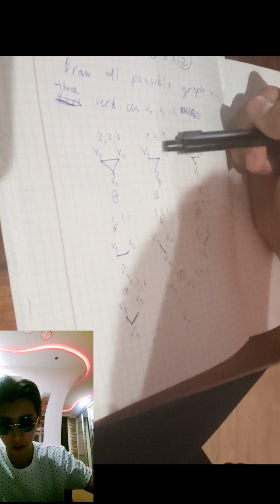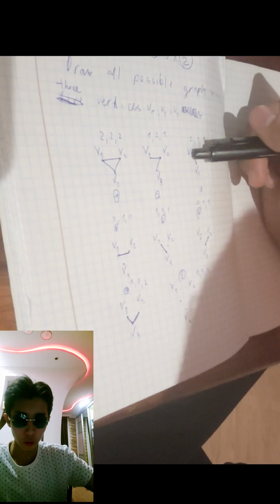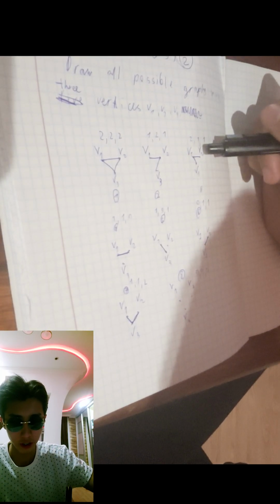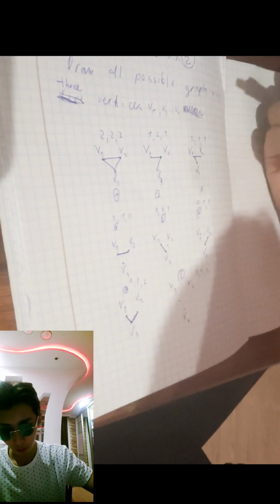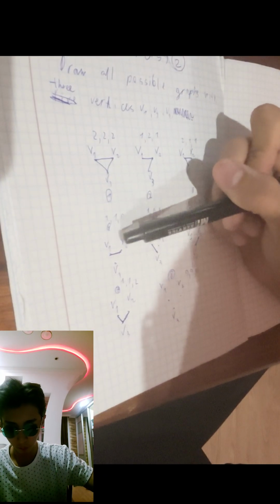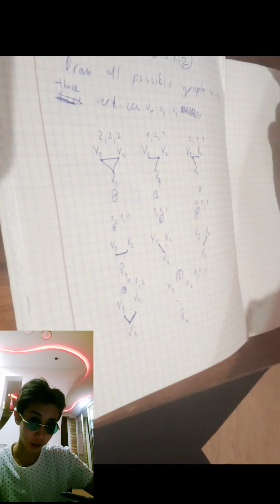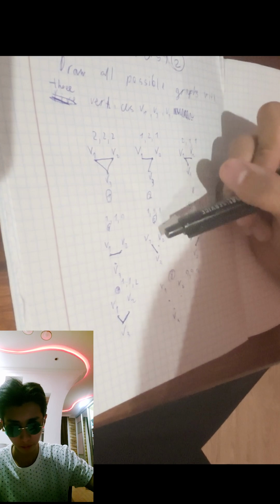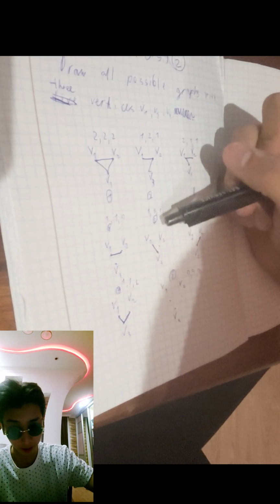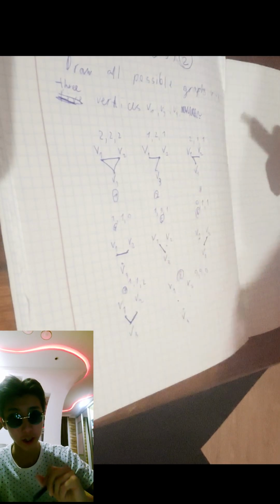The fourth graph has V1 with 1 connection, V2 with 1 connection, and V3 with 0 connections. The fifth graph, V1 has only 1 connection, V2 has 0 connections, and V3 has only 1 connection.